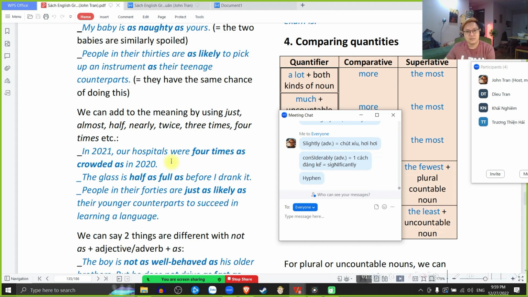The glass is half as full as before I drank it.